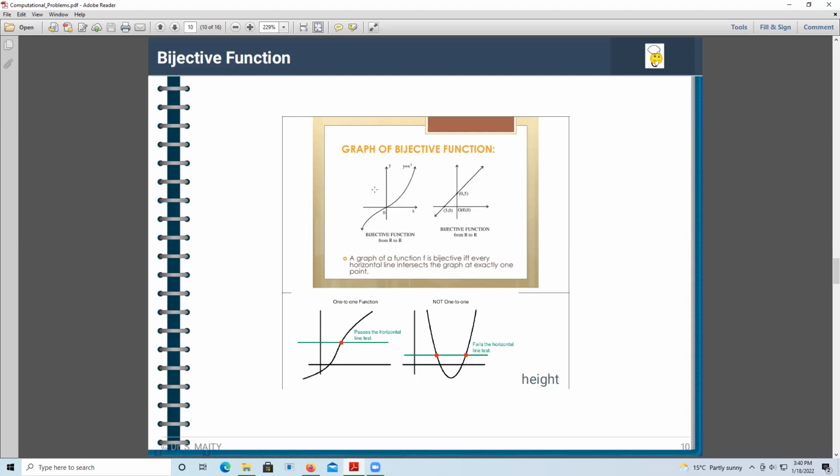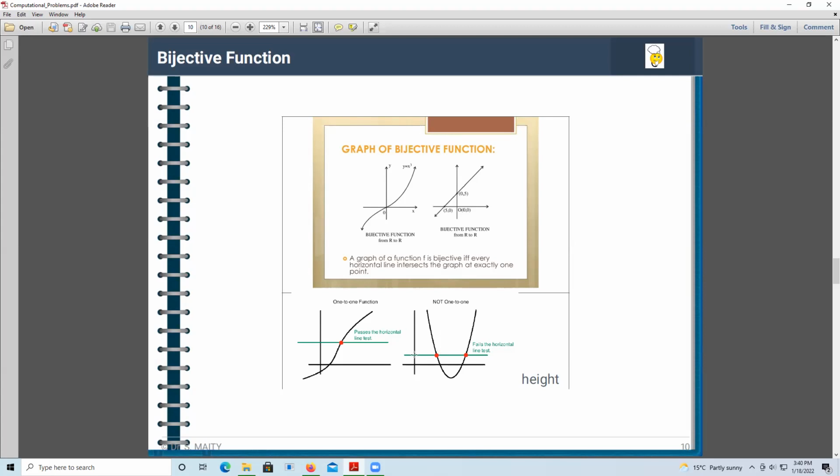Why? Suppose we draw a horizontal line, and for this particular graph, it cuts at 2 points. The set of all x values constitutes the domain, and the set of all y values constitutes the codomain.